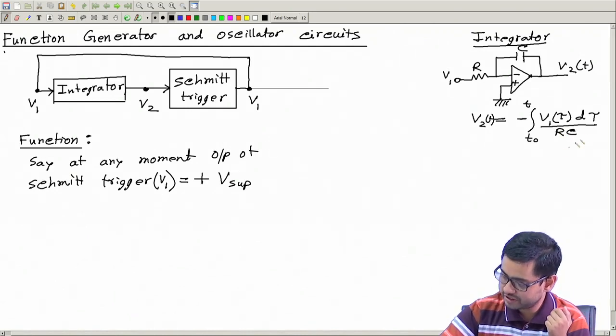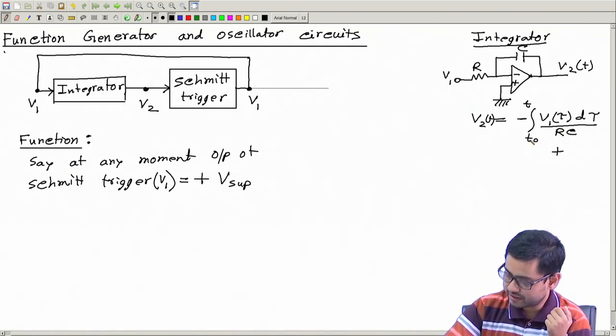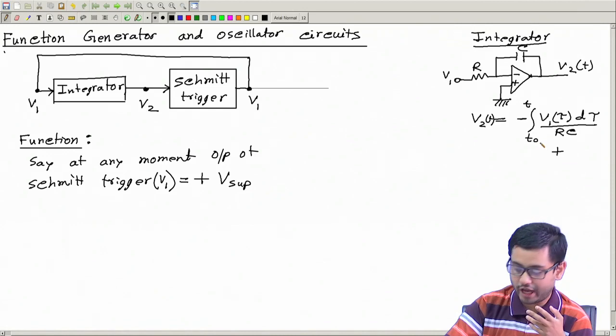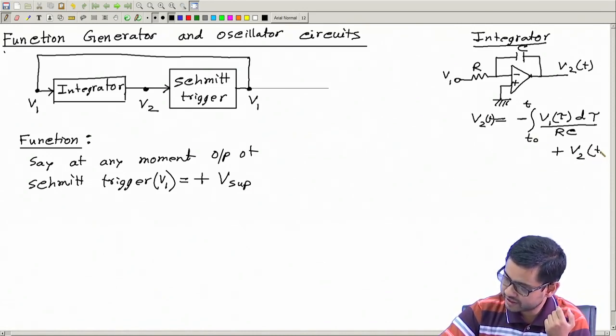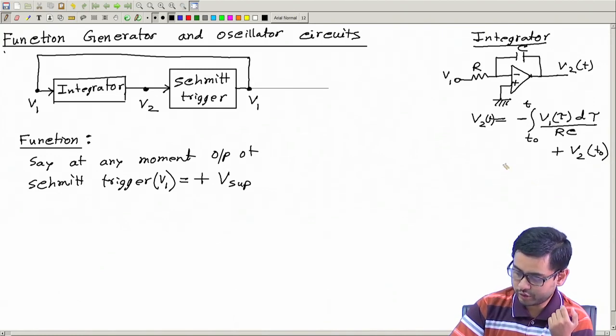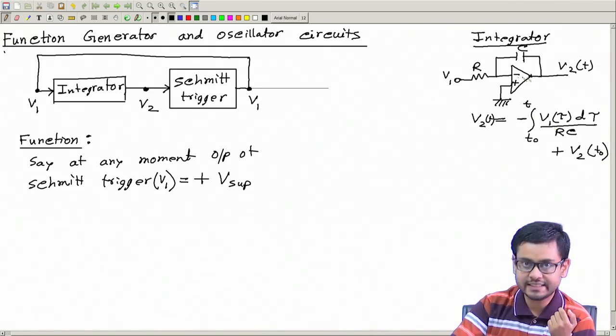And we can add the integration constant, which is the starting value of V2, that is V2 at t0. This is how the output changes, and this integrator has this minus sign normally.